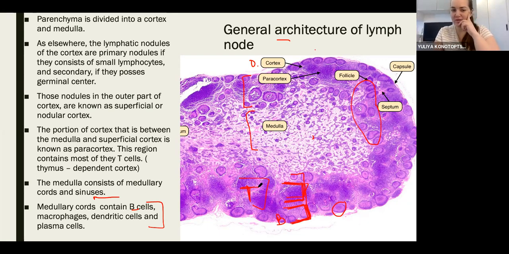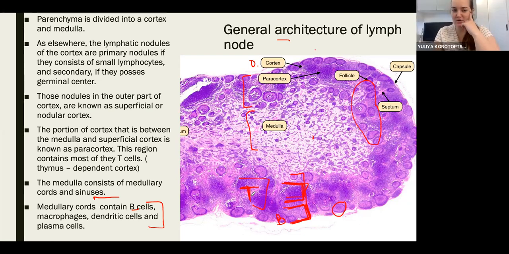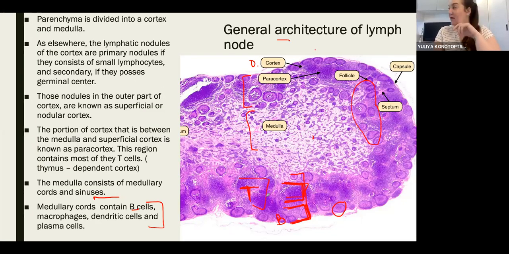So where will be the dendritic cells if you had to choose, para or outer? The outer. Paracortex, because don't forget that those dendritic cells have MHC2 on their surface, so they need to be in the T cell rich area. And what is the T cell rich area? This is specifically the paracortex. There are some exceptions, but we'll talk about it. So for now, it's just the paracortex.